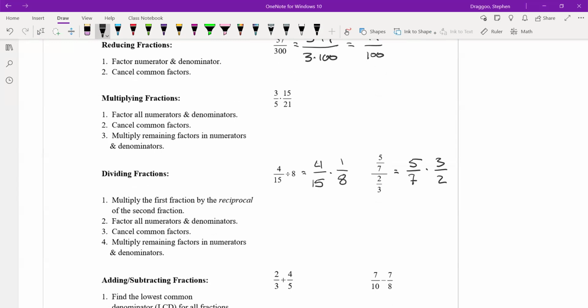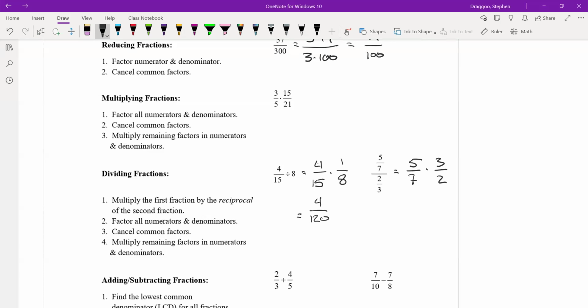And then I just carry through like I would with multiplying fractions. Just multiply the numerators and multiply the denominators. 4 times 1 is 4. 15 times 8, I think that's 120.